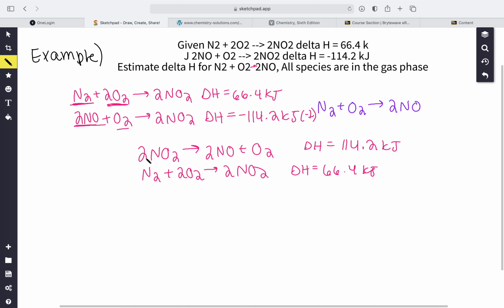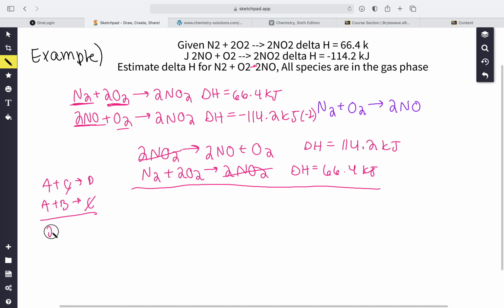So I can already say right off the bat that I can cancel these two, right? So when you're making a chemical equation and you have two things on opposite sides, you can get rid of them, right? So if I have something like A plus C yields D, and then I have A plus B yields C, I can get rid of the C's. I can't get rid of the A's.